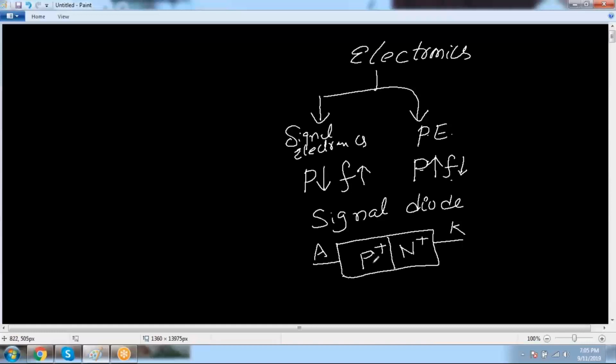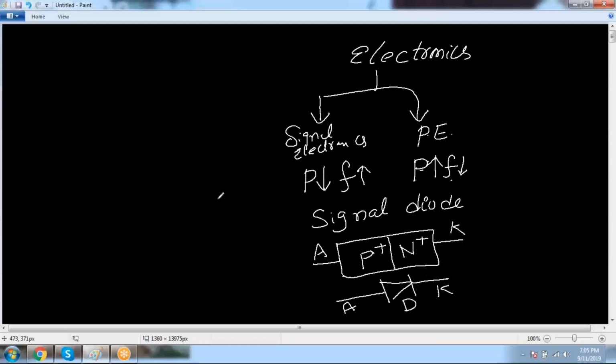There is a highly doped P layer and a highly doped N layer. They are attached together so that I get a diode that is called a signal diode. Now I want to draw the symbol for the signal diode, that is, this is the anode, this is the cathode, and this is the symbol for the signal diode.